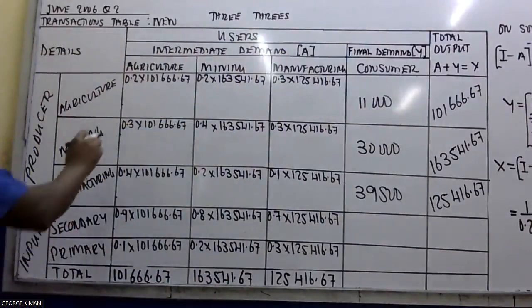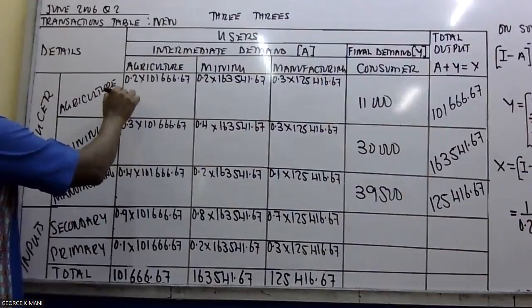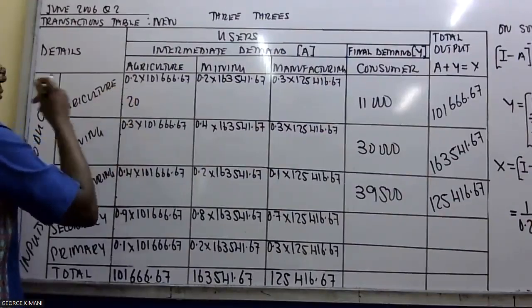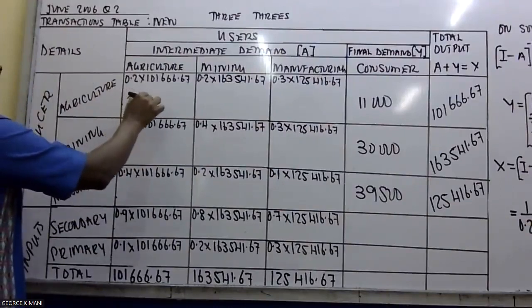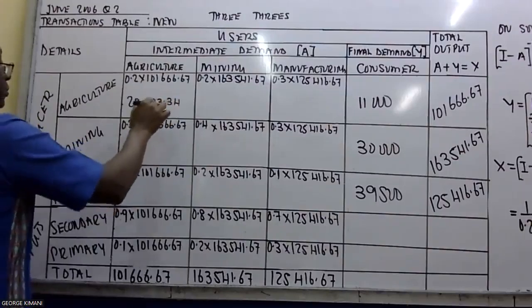Now the first 3 is inside the cell. What did you get here? 20? Hmm? 0.34. That way.